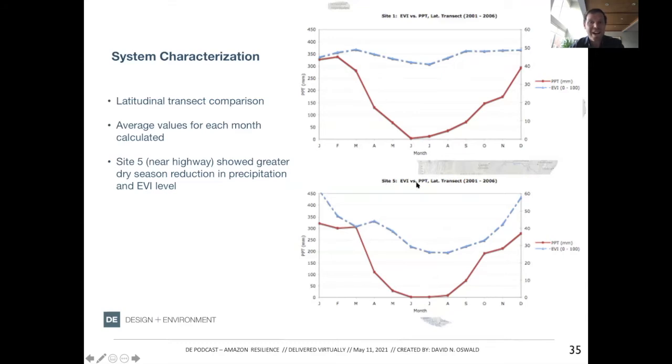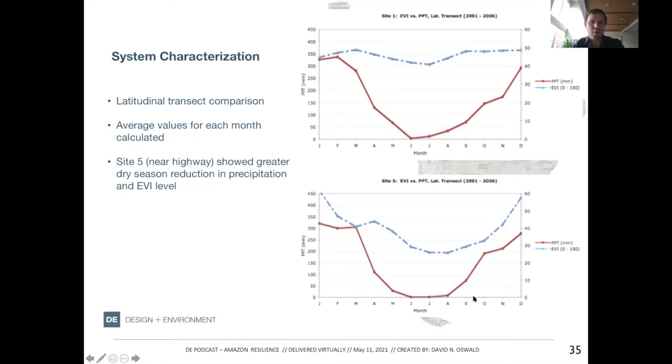Whereas at Site 5 on the lateral transect, that's right in the center where all those fires were, you can see, and this is averaged from 2001 to 2006, so it's just general characteristics. You can see in the center part of Mato Grosso, as this precipitation goes down, it goes way down. So on average, there's far less precipitation further inland, like further towards the center.